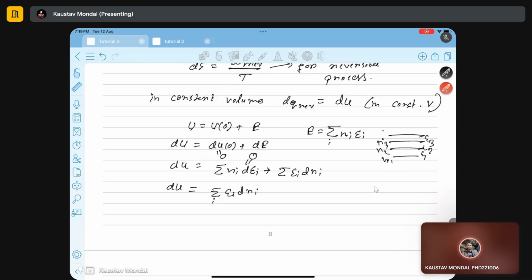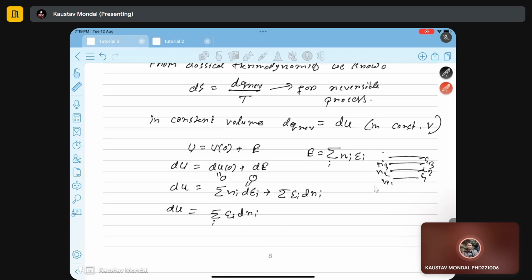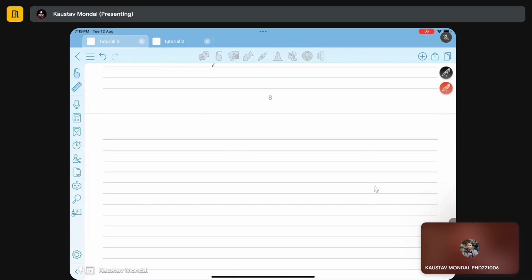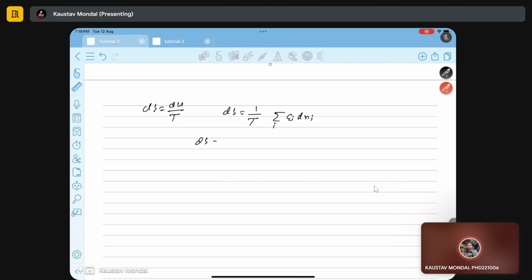Now the next thing we will do is ds. du you already know; du is related to the entropy. We know that ds equals du by T, so you can write ds as 1 by T times the summation over i of E_i dN_i.